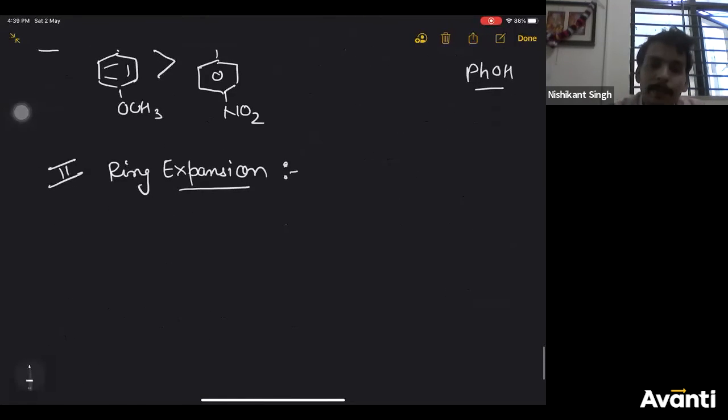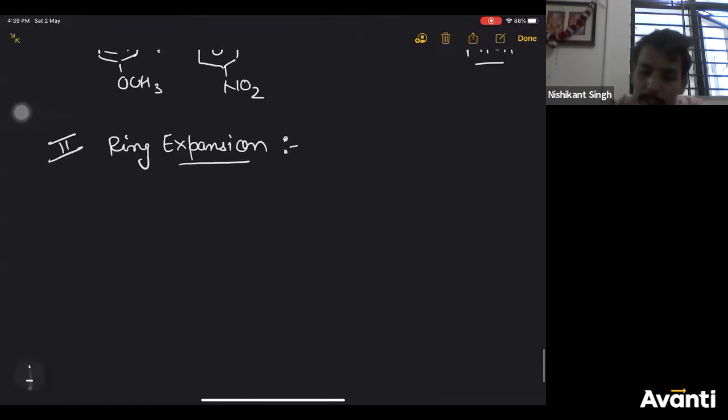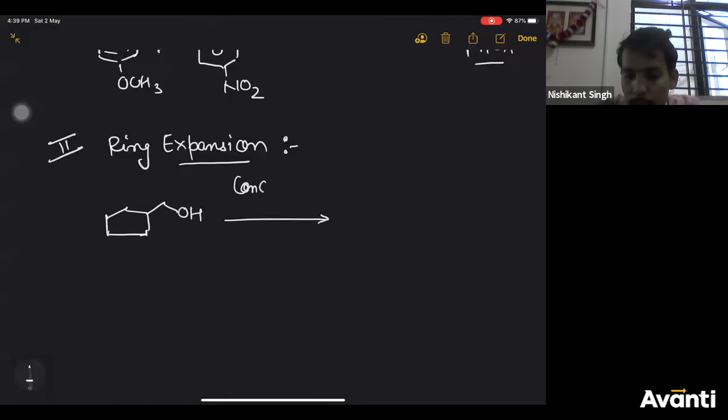Now ring expansion examples, I'll take some example of this, see carefully. If you take a 6-membered ring like this, with OH, what will happen in this case? If you treat it with concentrated H2SO4, same mechanism.